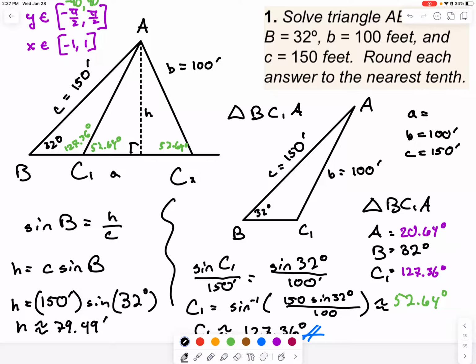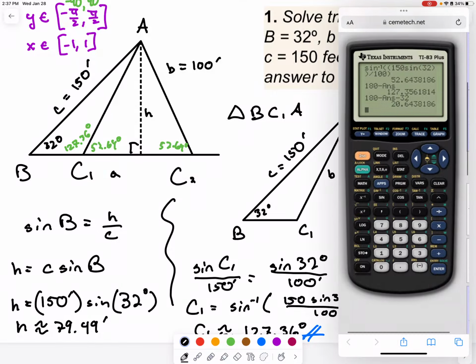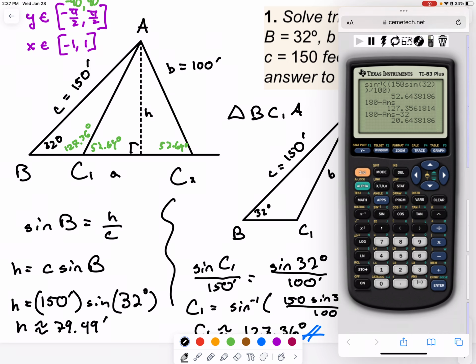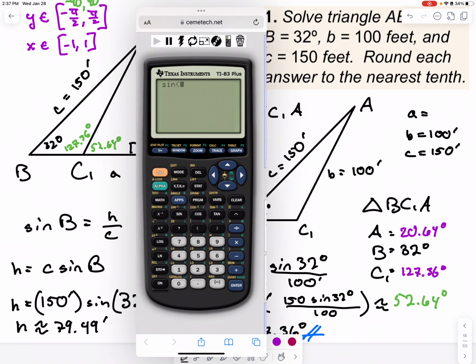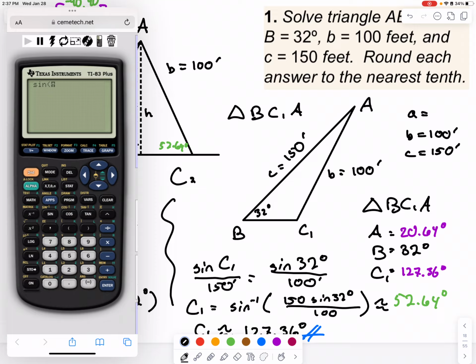I need to write it; I'm just short on space. Let's see, so we're doing A over the sine of A equals B over the sine of B. Oh, shoot, it would have been nice if I could have kept that number, but that's fine. Let me see if I can pull the number back by backtracking.